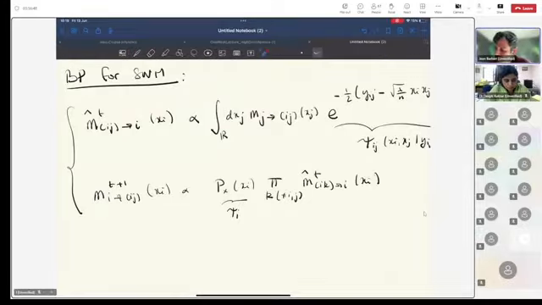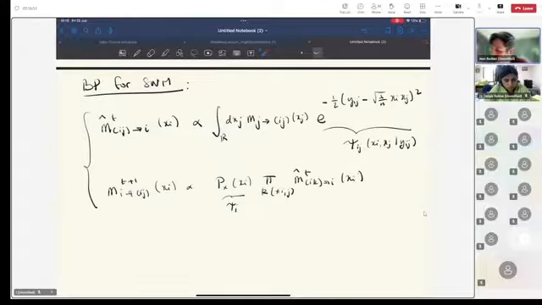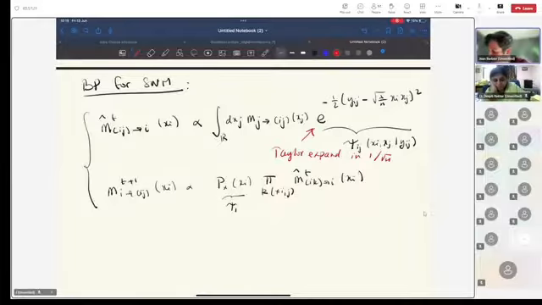So the key point in order to simplify the algorithm is to realize that, you see here again, because this exponent is very weakly dependent on xi xj, I can do a Taylor expansion of this part, Taylor expand in 1 over square root n, thinking that n is large.